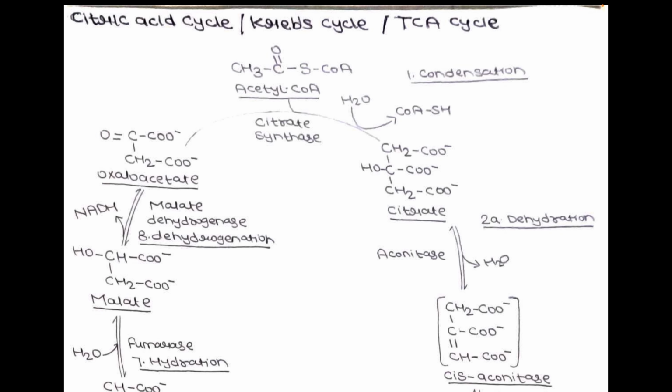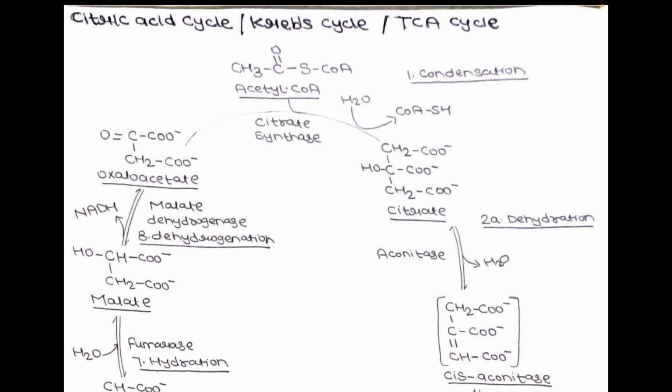Oxaloacetate. C double bond O, COO minus, CH2, COO minus. This is the 4-carbon acceptor, a keto acid with a reactive ketone carbon that the acetyl group will attack. The enzyme citrate synthase joins the 2-carbon acetyl group of acetyl coenzyme A onto the ketone carbon of oxaloacetate.